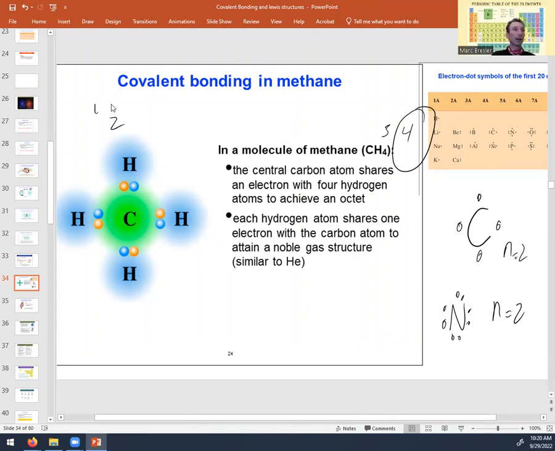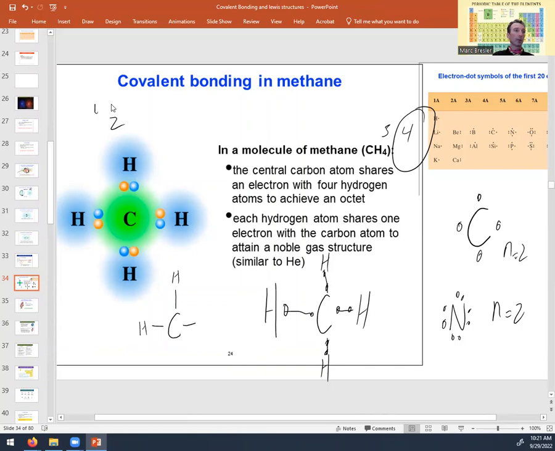So how can carbon get that? One way might be to have hydrogen come along with its 1 electron, and carbon's got its 4. If you put 1 hydrogen on each side, then you can draw a little line between the electrons. And that's how you get methane. That's what methane would look like on a really simple Lewis structure.